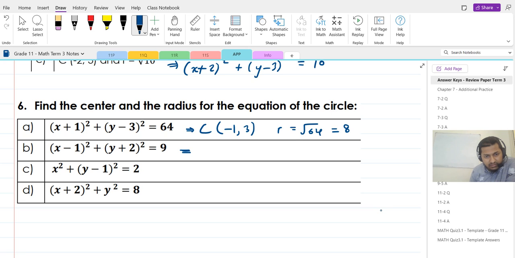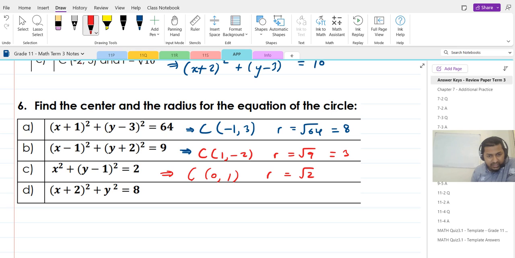Next one, the center is (1, negative 2), and the radius is square root of 9, which is 3. The center here is, there's nothing there, so nothing means 0, and 1, and the radius is root 2. We can't simplify root 2, leave it like that.